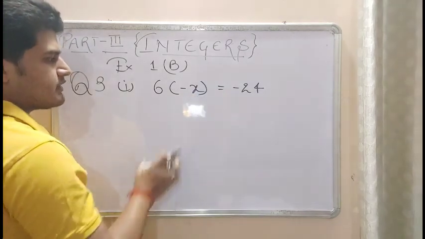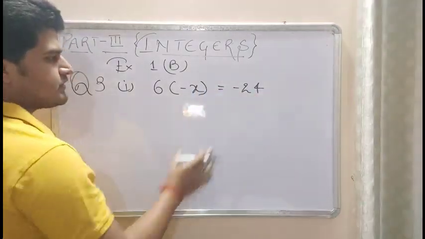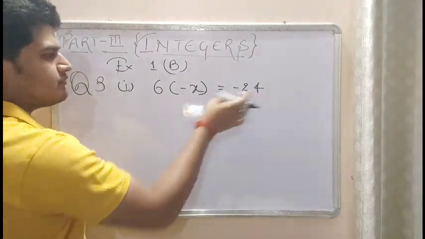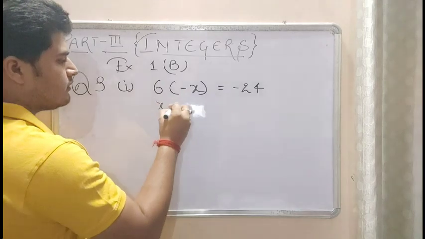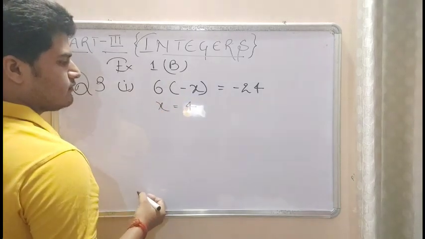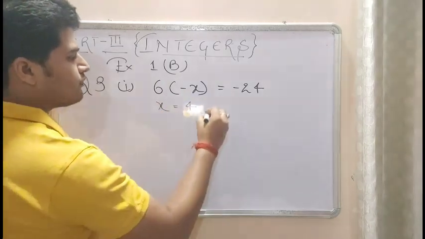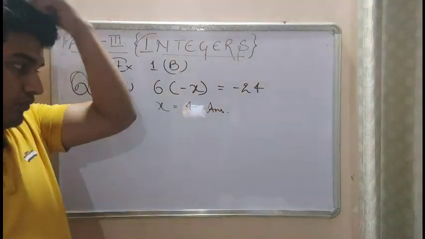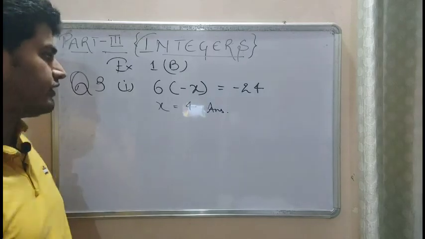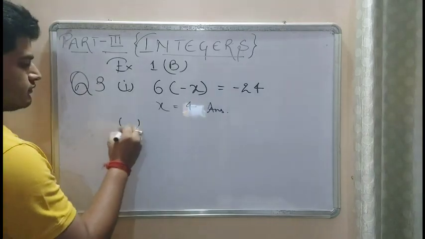What number should x be so that the product is 24? 6 how many times gives 24? 4 times. So x is surely going to be 4. You can directly write x is equal to 4, because 6 into minus 4 will give you minus 24. Let us see one more.